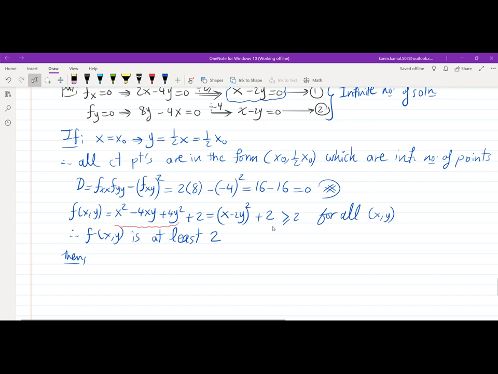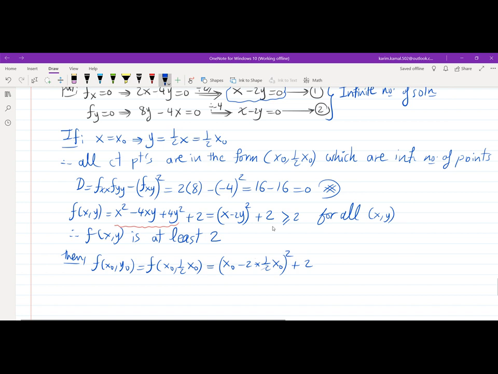Then f of x node and y node, which is f of x node and half x node, will be (x node minus 2 times half x node) all squared plus 2. This will cancel and it will be equal to 2.